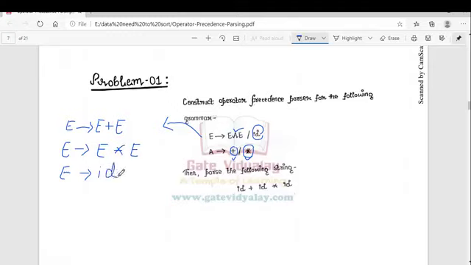So with this method, we can convert a non-operator precedence grammar into an operator precedence grammar.